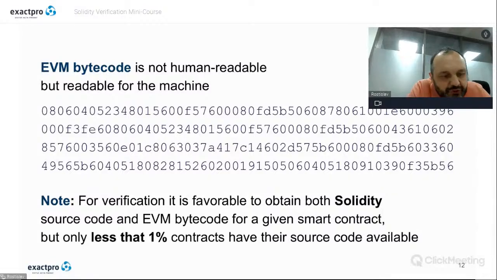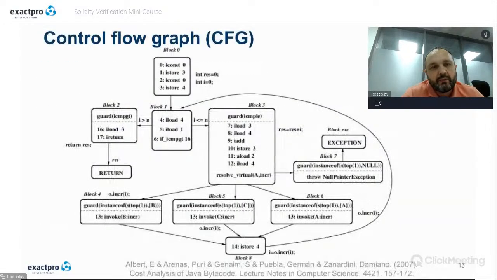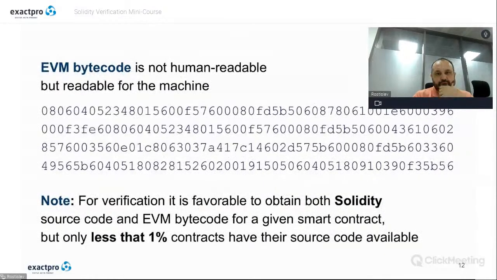So surely you can apply this technique to reverse engineer and to get this graph. But again, this graph is not really human readable. And if the smart contract is not really small, then this graph could be big and very difficult for human analysis. So that's another thing which is important. So first, to understand what's bytecode.